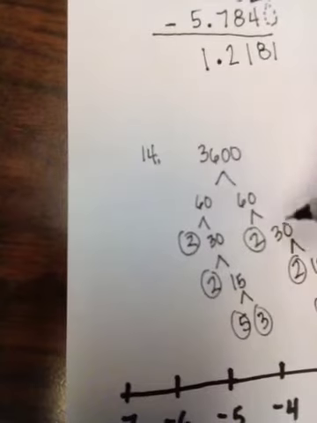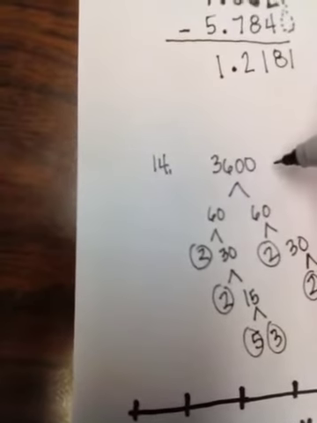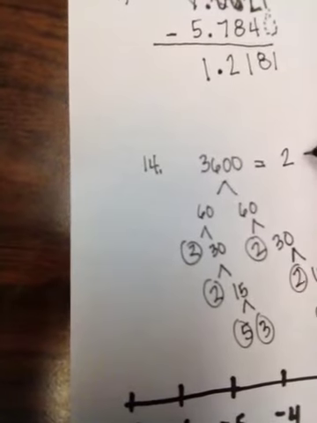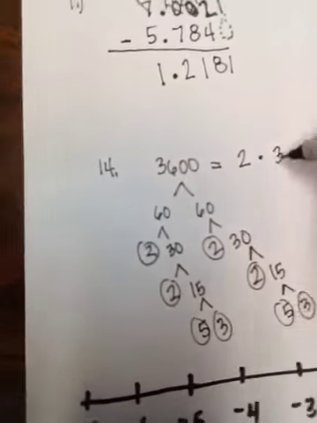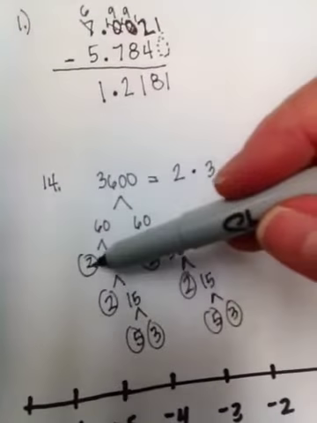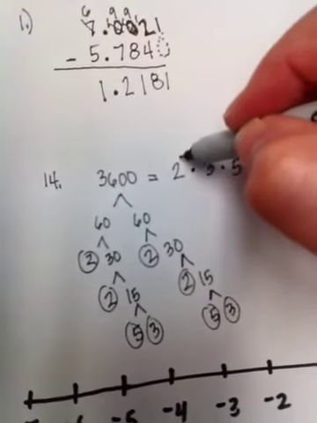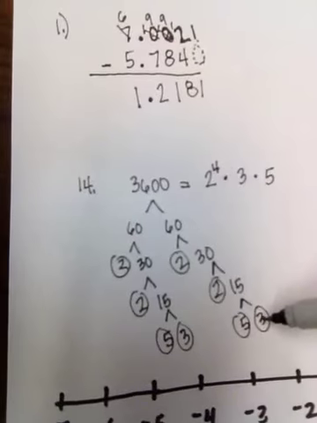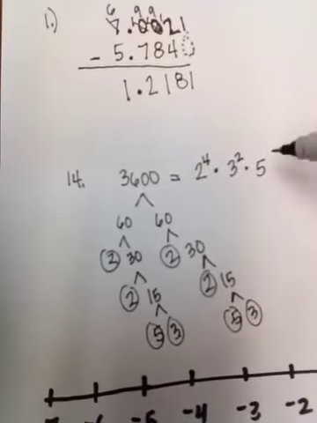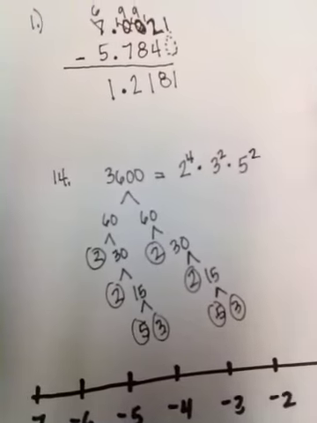So to make a prime factorization, 3600 equals 2 times 3 times 5, but we need our exponents. How many 2's do we have? 1, 2, 3, 4. 2 to the 4th. How many 3's? 1, 2. 3 to the 2nd. How many 5's? 1, 2. 5 to the 2nd.